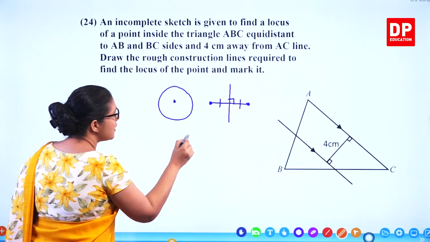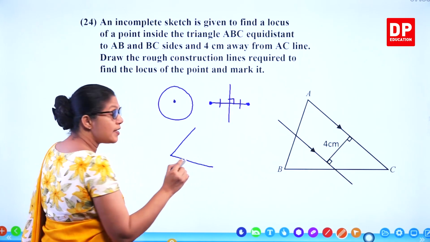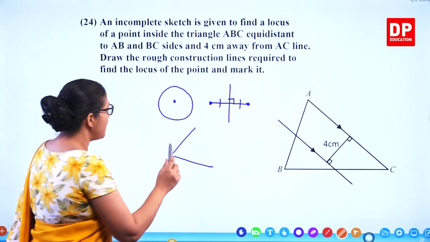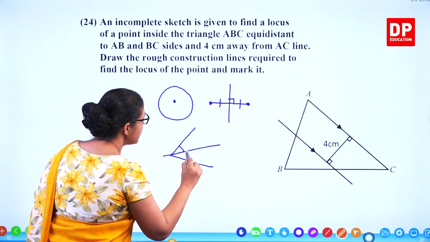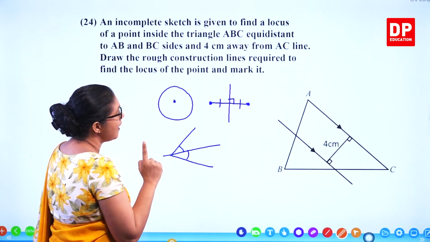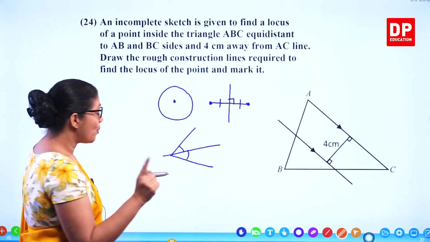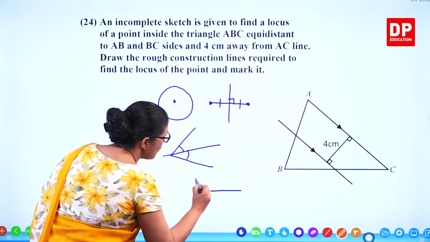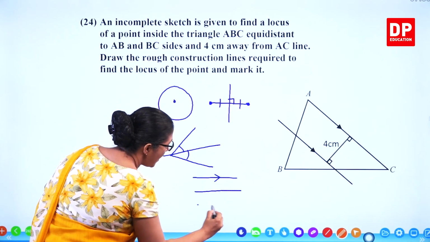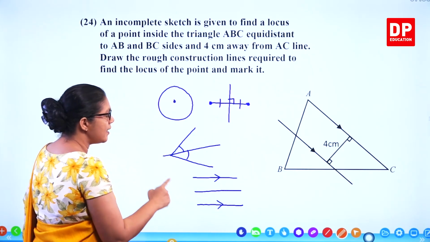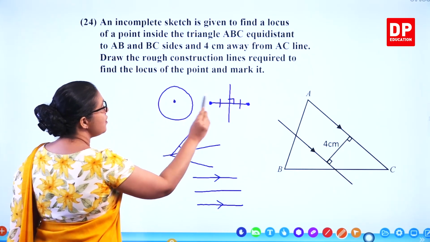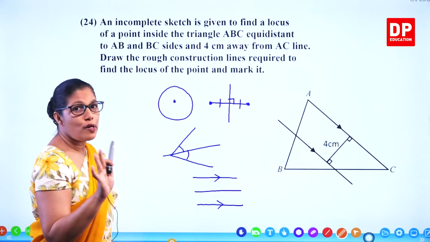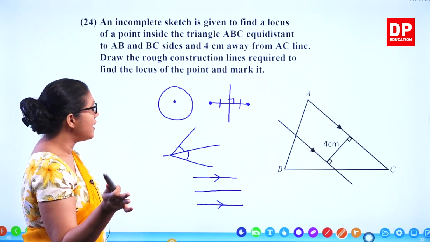The third one is equidistance from 2 lines, and that's the angle bisector. And the last one is equidistance from a line, so that's 2 parallel lines above or below the line. You need to know all 4 loci for your O-level exam.